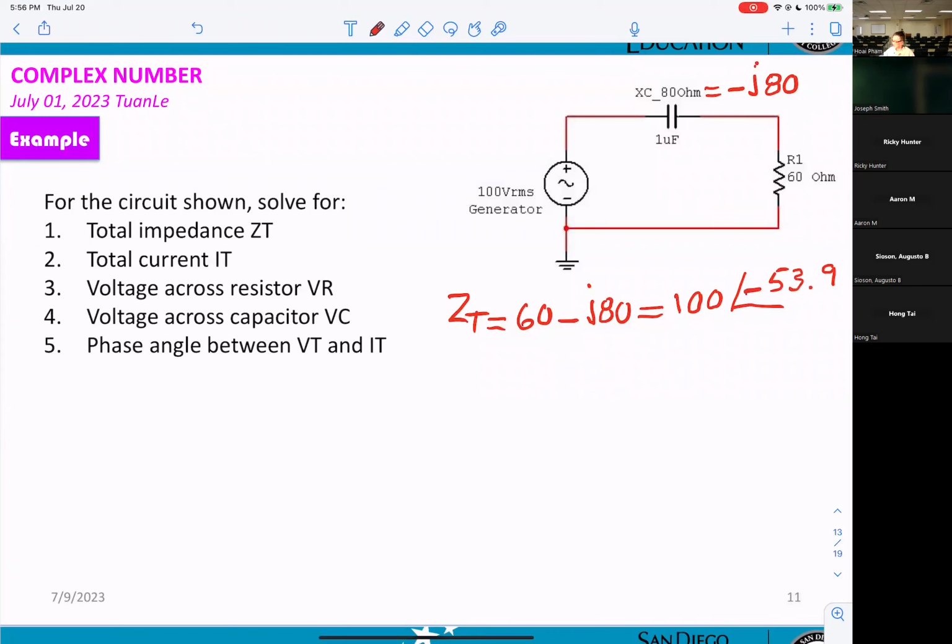Yeah, okay. And now you want I total. You take V total, so 100 volts divided by 100, no angle.